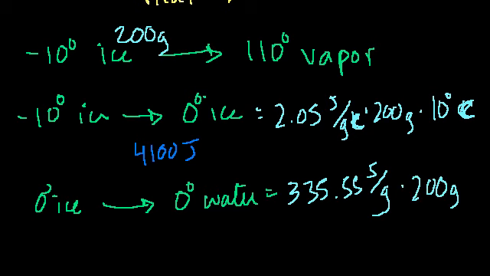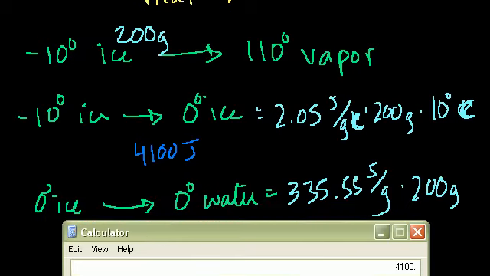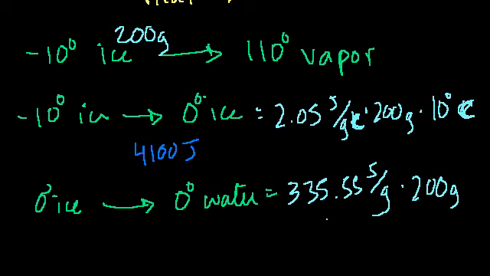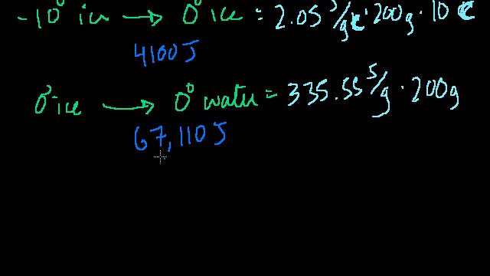So let me get the calculator out. 335.55 times 200 is equal to 67,110. Let me do it in that color so we can sum them up at the end. 67,110 joules to melt the water, or take it from ice to water.